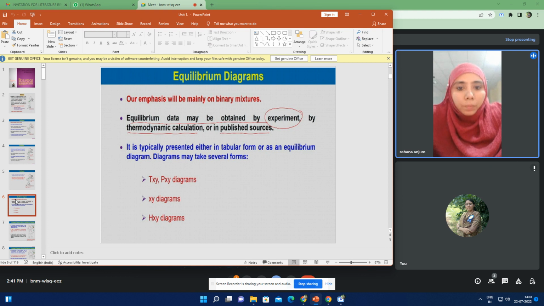It can be in tabular form or as an equilibrium diagram. An equilibrium diagram may take several forms: a T-x-y diagram, a pressure-mole fraction diagram, an x-y diagram, or an H-x diagram.